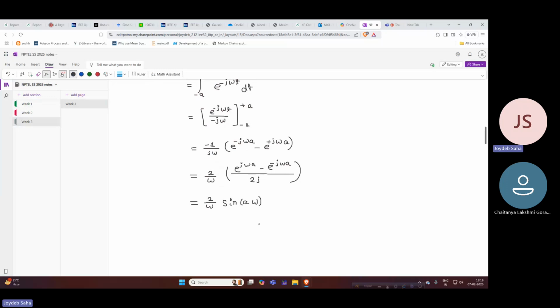And sine A omega will be 0 for A omega equal to n pi, so omega is equal to n pi by A. So note that for a rectangular pulse, the Fourier transform is a sinc function and its value is 0 for omega equal to n pi by A. So we can draw it also, right?